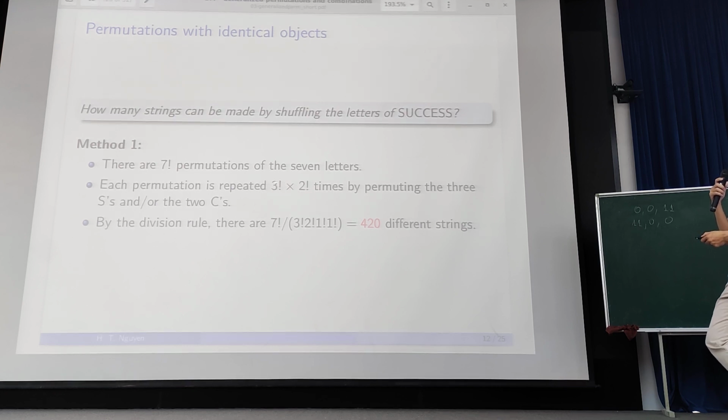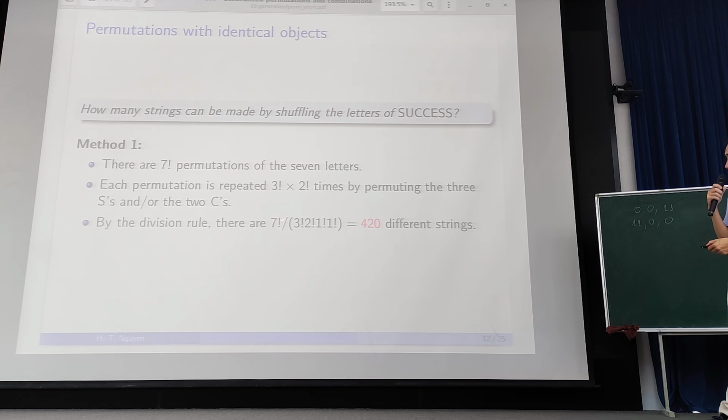So you have a factor of 6 caused by the 3 S's, and you have a factor of 2 caused by the 2 C's. And of course, if you want to count, you have 1 factorial caused by shuffling the letter U, since there is only 1. It stays at the same place, so you can ignore the letters without repetition.